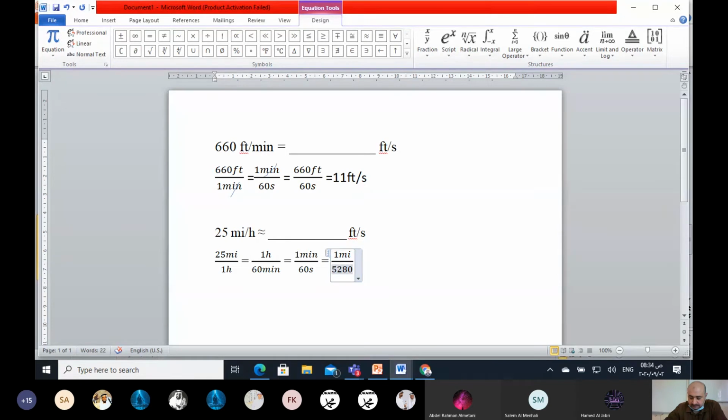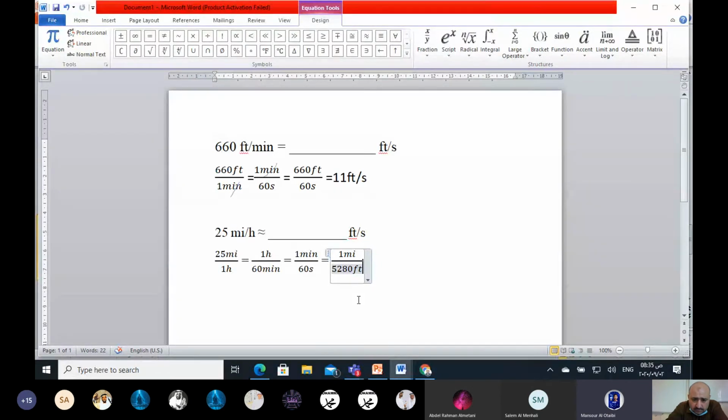Mister, I know. Yes, tell me. 1 mile is equal to 5,280 feet. To convert miles to feet, multiply the mile value by 5,280.